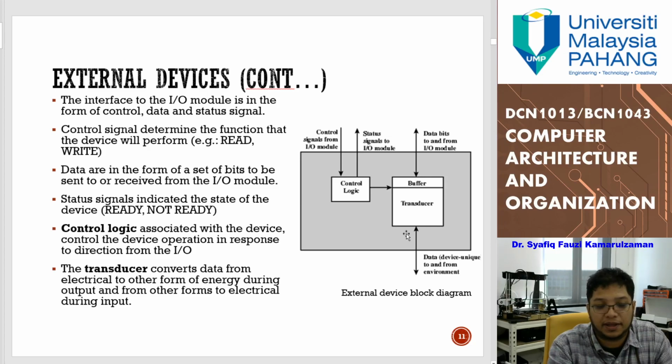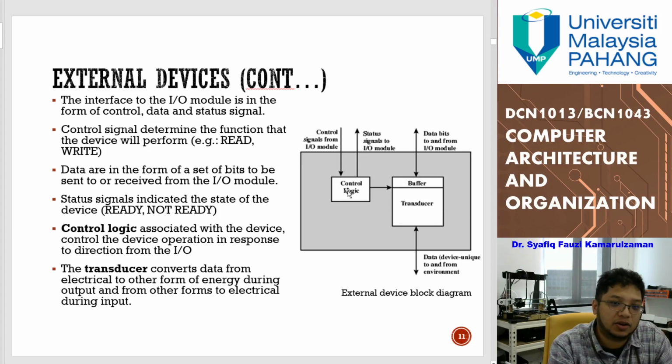Anything happening in the environment, it converts into data. Then we have a buffer to hold all the data, and the control logic, which depending on what kind of signal comes into the device, will send or receive the data.